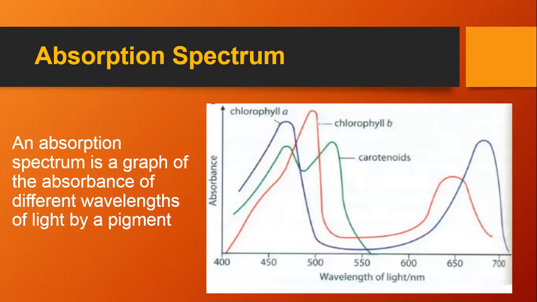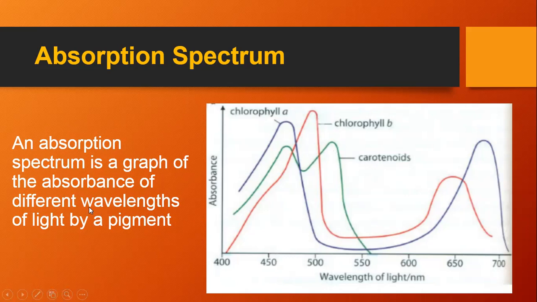A pigment such as chlorophyll will absorb some wavelengths of light more than others. Remember that we need to memorize the exact definition of the absorption spectrum, and obviously we should know about the graph as well. The same goes for the action spectrum.